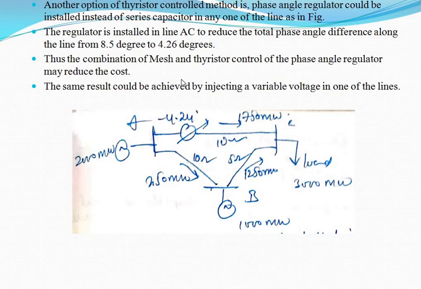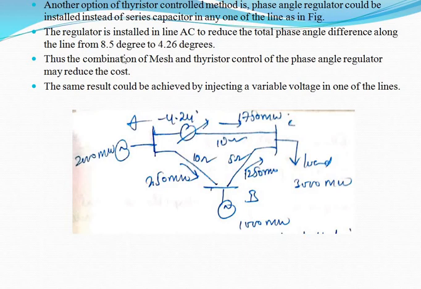And one more example is by inserting a phase angle regulator. This phase angle regulator could be installed in any one of the transmission lines. Suppose initially the phase angle is 8.5 degrees.